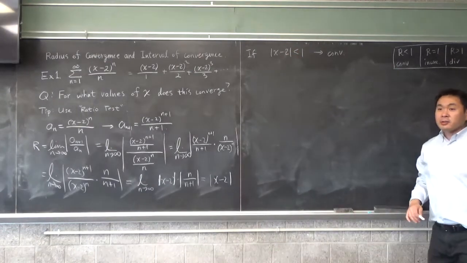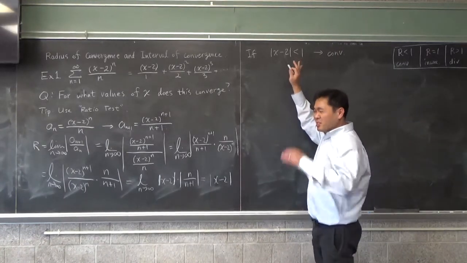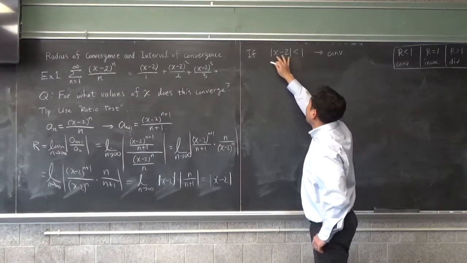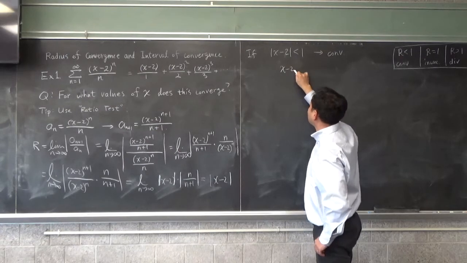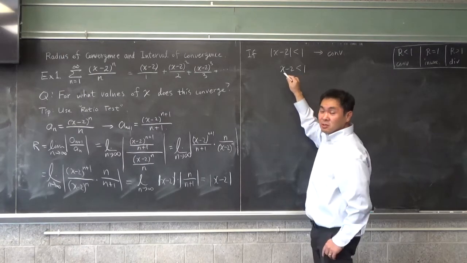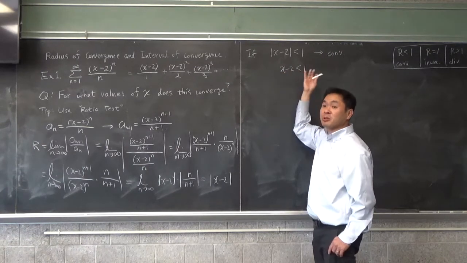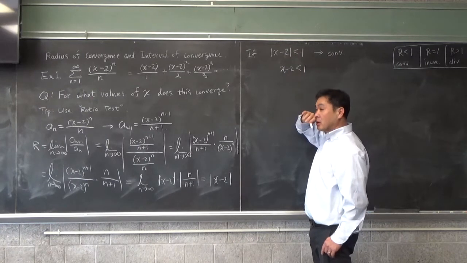Okay, and now let me give you some idea of how to solve an absolute value inequality like this. So first of all, if the absolute value of x minus 2 is less than 1, definitely x minus 2 itself should be less than 1, because if it doesn't, then you're in trouble, right? If x minus 2 is, say, 3, then the absolute value of 3 is bigger than 1, so this doesn't work, right?